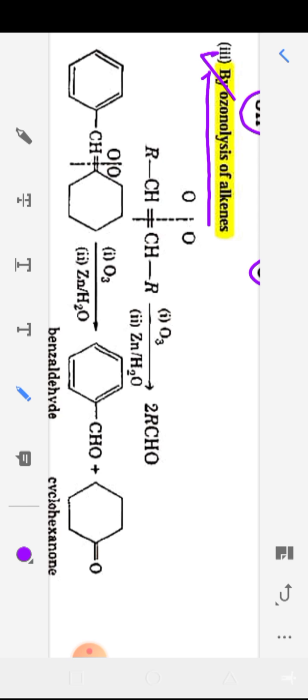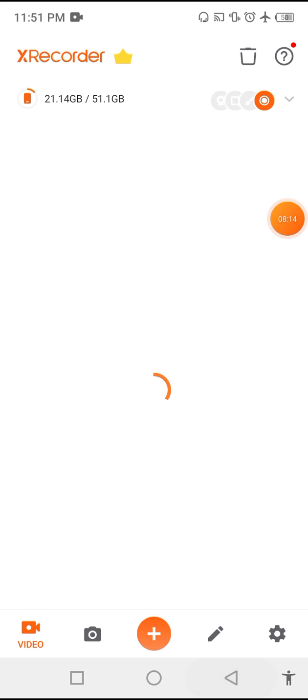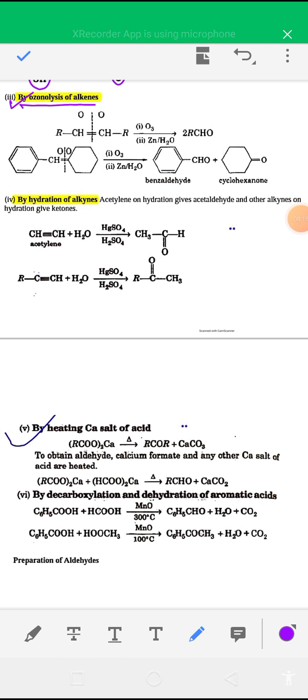When alkenes are treated with ozone, O3, and then zinc and water, aldehydes and ketones are obtained.